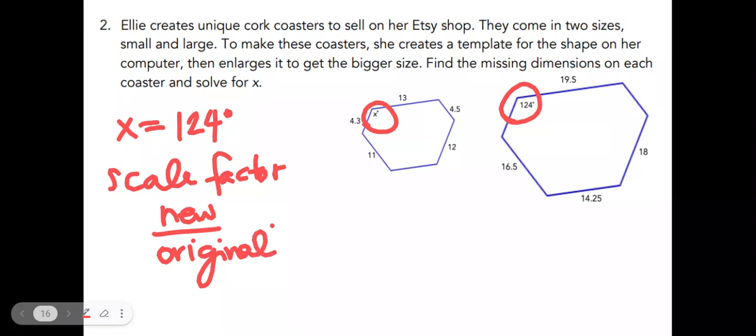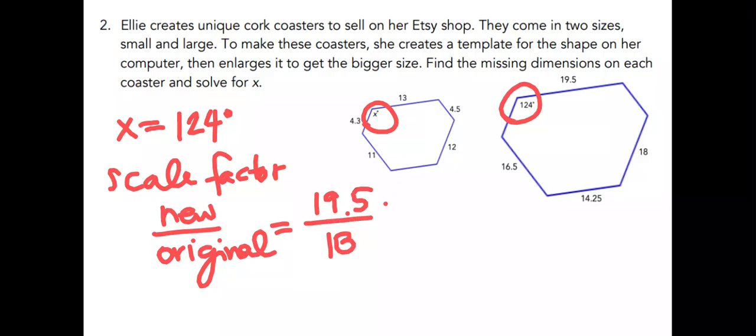So in this case, that's going to be 19.5 divided by 13. Oh, that doesn't look like a 13. It looks like a B. Sorry. That's a 13. All right, so I'm just going to go over the decimals and calculator of any sort and do 19.5 divided by 13. And my scale factor is 1.5. Bada bing, bada boom. So there's my scale factor.